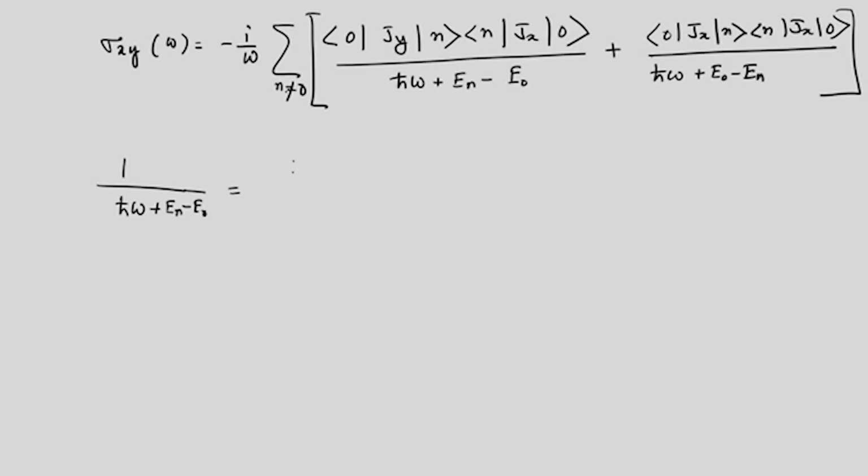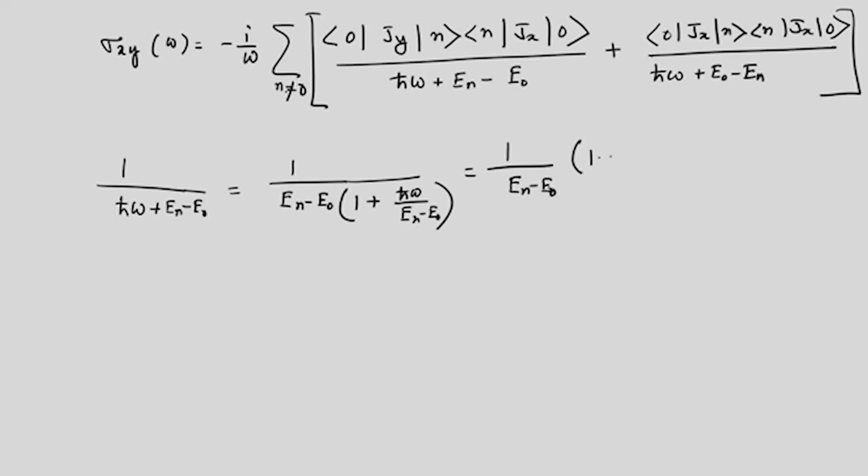And this is equal to, you write it as E_n minus E_0 times 1 plus ħω divided by E_n minus E_0, and then you write it as 1 divided by E_n minus E_0 multiplied by 1 plus ħω divided by E_n minus E_0 to the power minus 1, and then do a binomial expansion and keep only the first term, which is linear in ω.